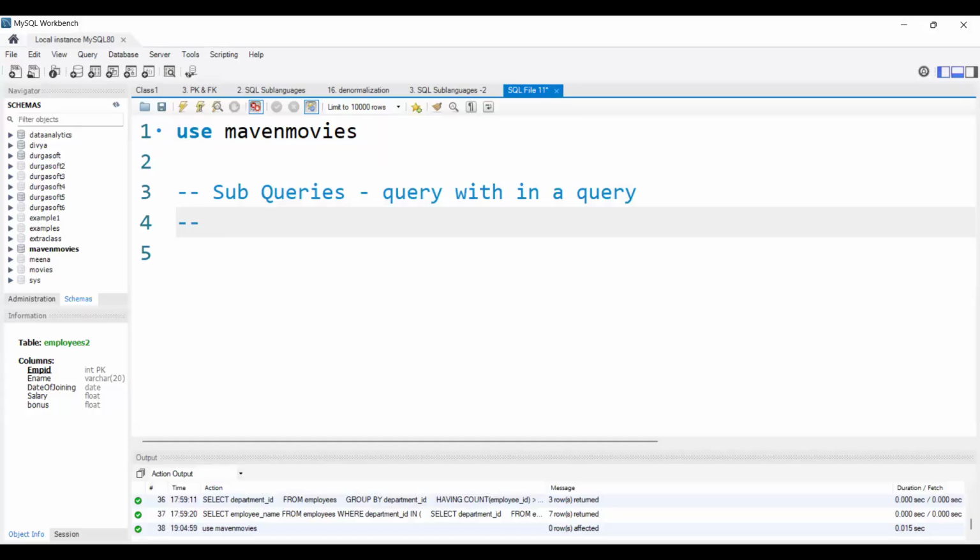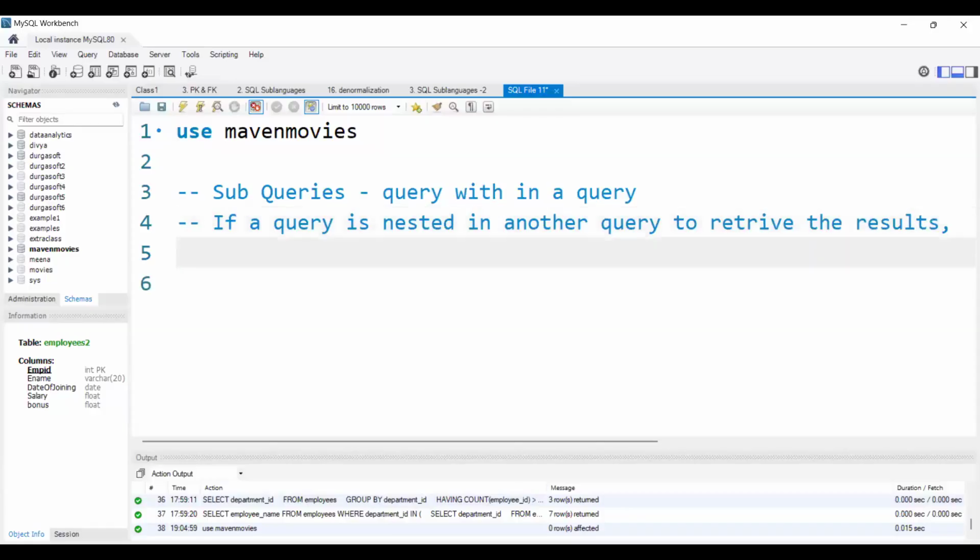The technical definition of a subquery is, if a query is nested in another query to retrieve the results, I'm saying a query within a query.